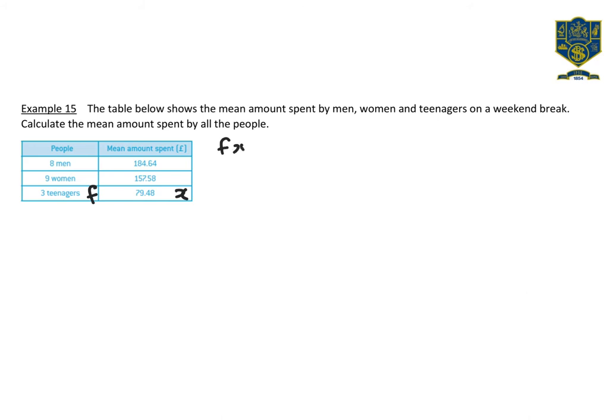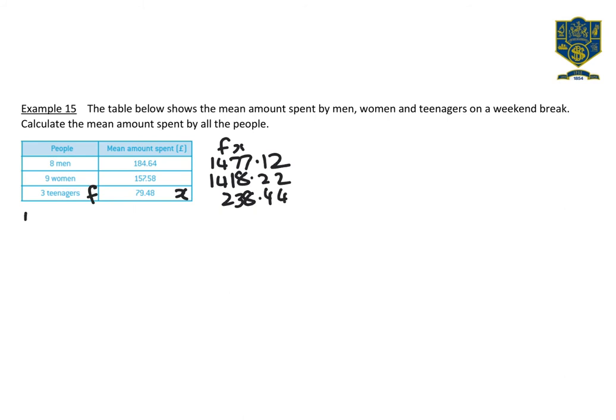So we'll multiply 8 and 184.64, and we get £1,477.12. 9 multiplied by 157.58 gives us £1,418.22, and 3 teenagers who spent £79.48 gives us a total of £238.44.